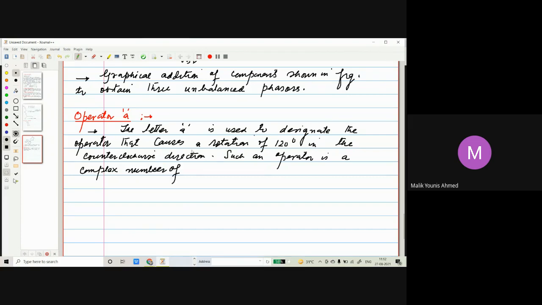A complex number of unit magnitude with an angle of 120 degrees and is defined by A equals 1 at an angle of 120 degrees.